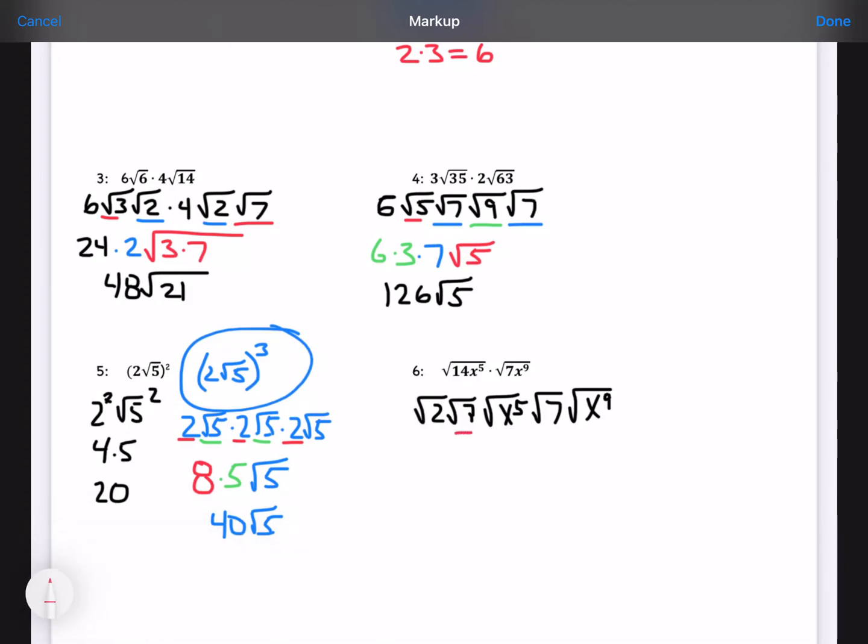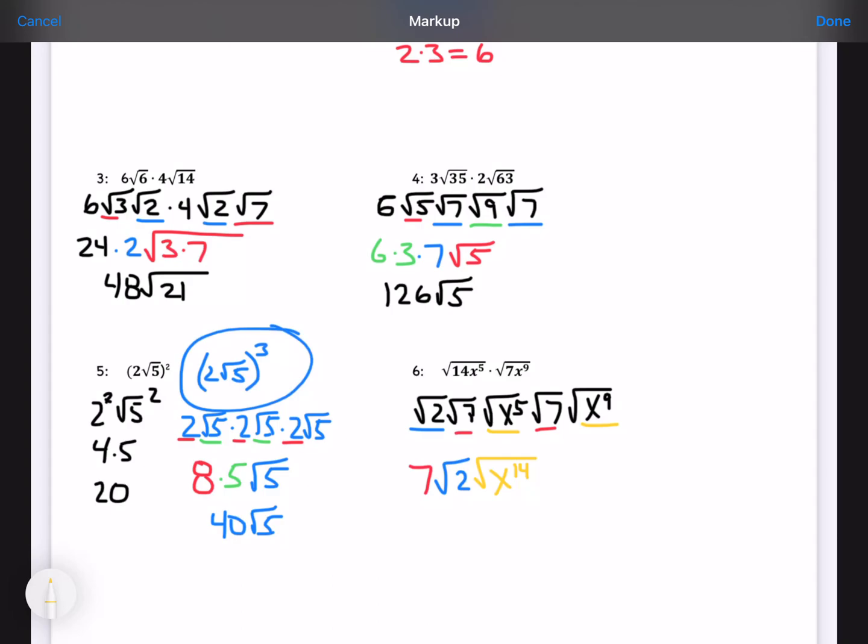So I have the 7s. I can take those out. I have a square root of 2. I'm just going to leave it as a square root of 2. And then I have an x to the 5th and an x to the 9th. That becomes the square root of x to the 14th because we add the exponents.